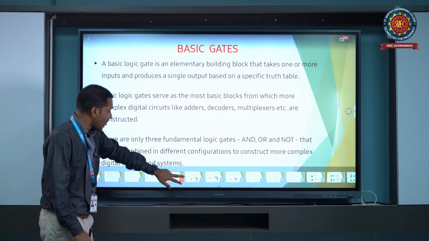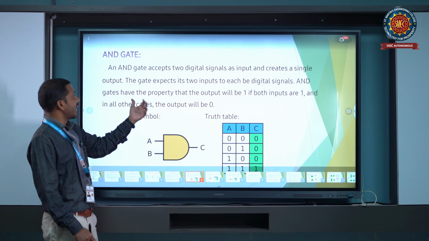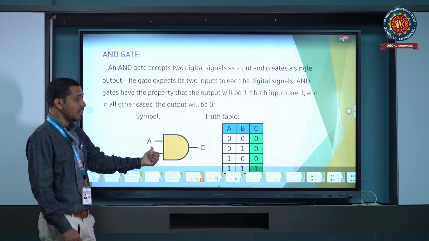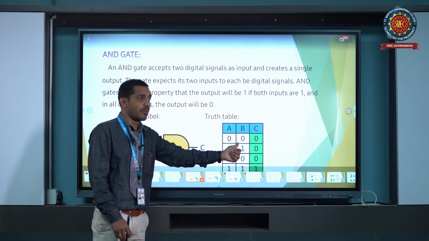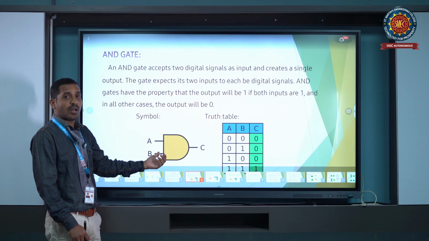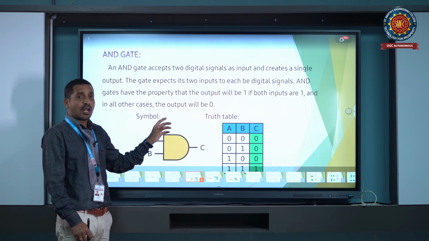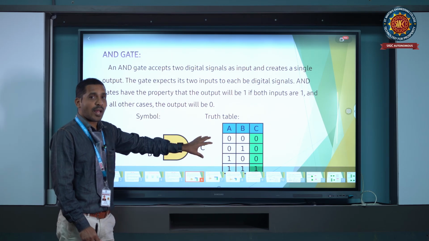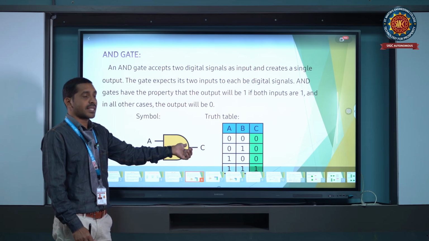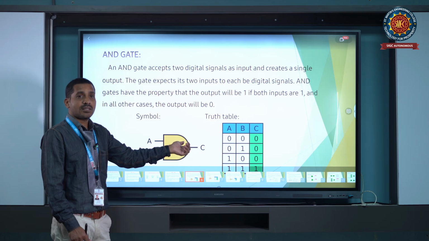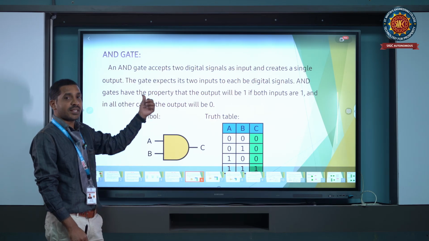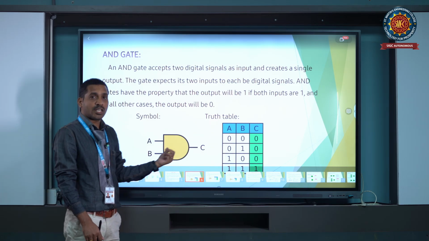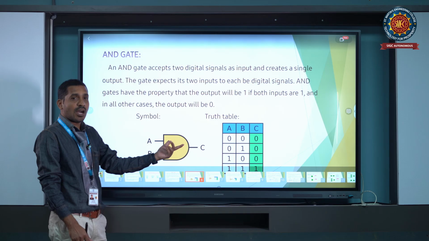Just coming to the AND gate. Here is the symbol of the two-input AND gate, and this is its corresponding truth table. Based on the two inputs, it produces the output.